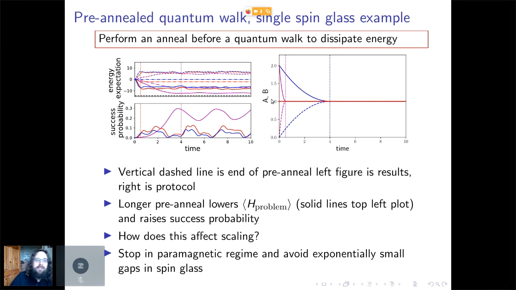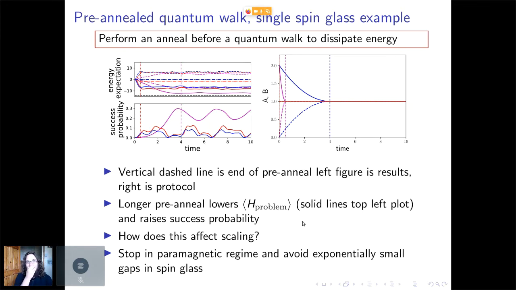In this case, A and B just happen to be the same at the end. That's just the instance we picked that ended up happening. There's nothing deep or special about that. And you can see in this single example, the longer you pre-anneal, the better you do. This kind of makes sense. You're pulling out more energy by going slower.